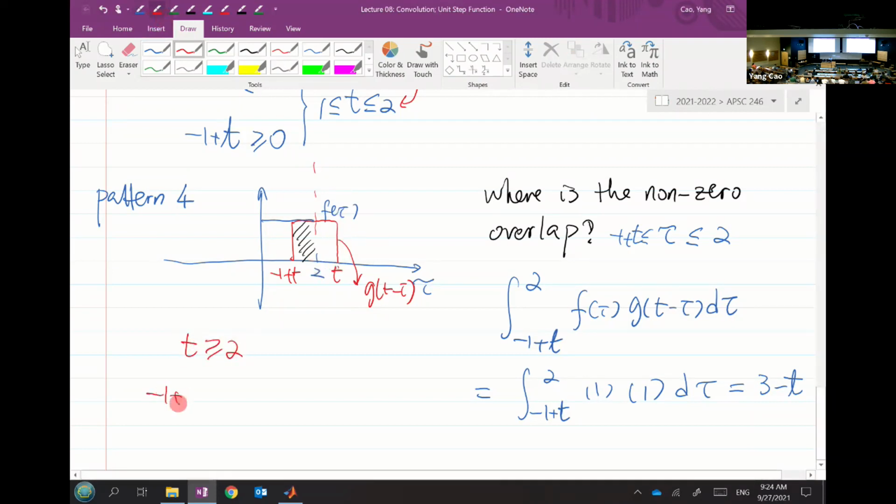You also need the other edge, -1 plus t, to be less than 2. So this relationship will restrict this box to be strictly over here, right? So that gives you the range of t: t more than 2 and t less than 3.